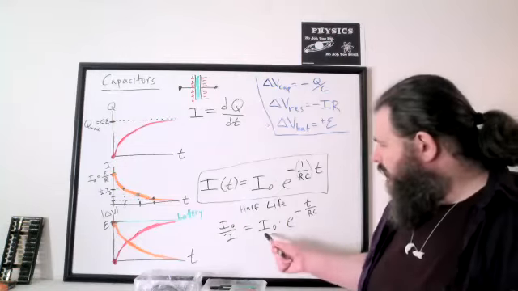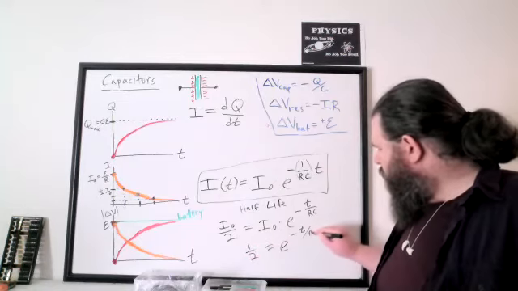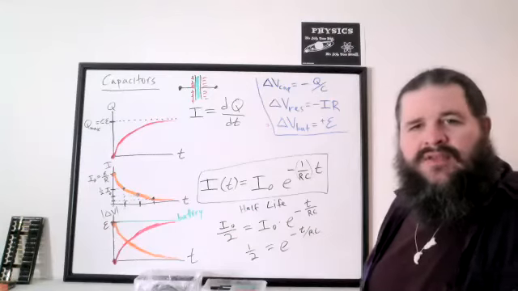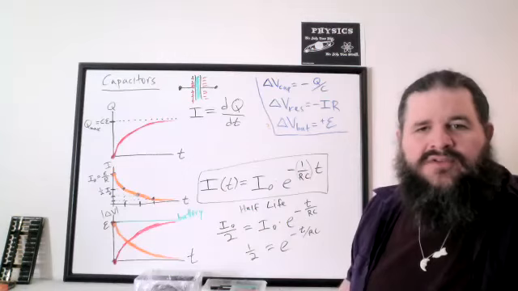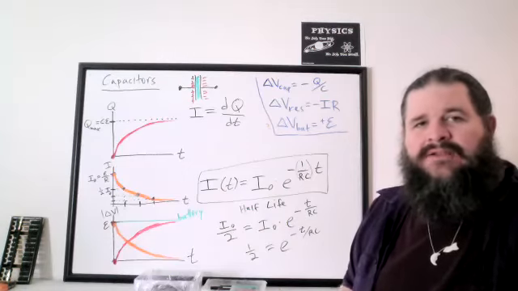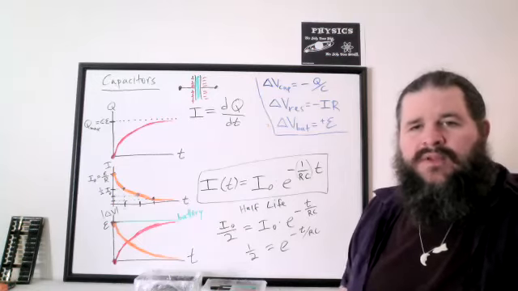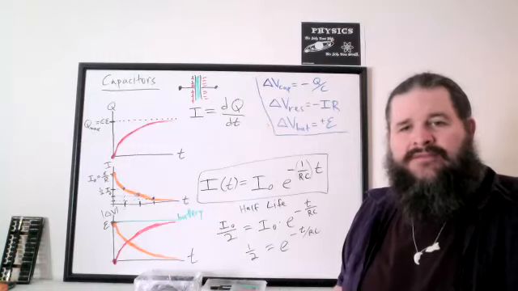You can cancel out the I naught, so you just get 1/2. And then we could even make things a little easier by just raising both sides to the negative 1. Yeah, you could do the same idea if you wanted to find how much time it takes for there to be 1/3 of the original amount or any fraction of the original amount you want. It's just that 1/2 is often a useful reference point because that's what we call the half-life.